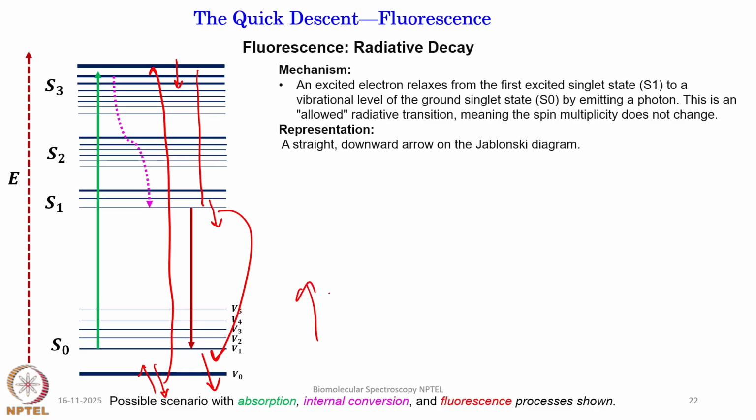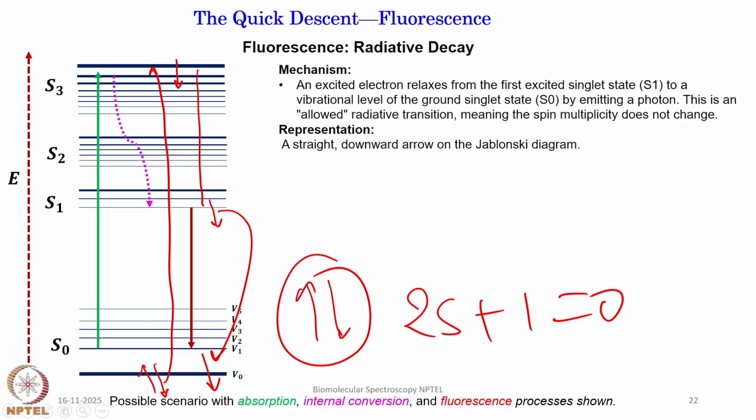So, eventually they are like this, that means 2S plus 1 is 1 because S is 0 for both. So, spin multiplicity is not changed. You can represent it basically as a straight downward arrow in the Jablonski diagram, which is given in this color. That is the fluorescence that is happening.